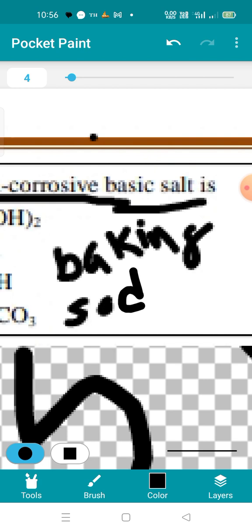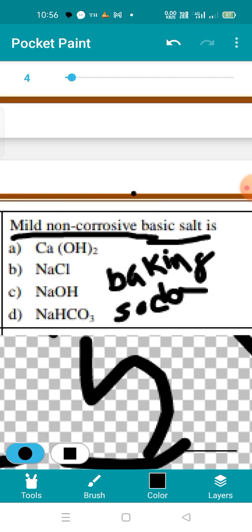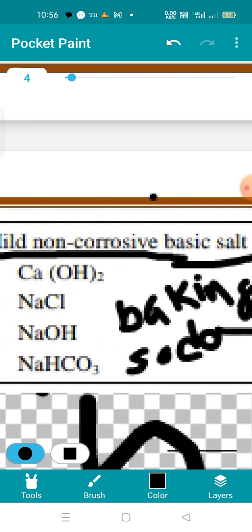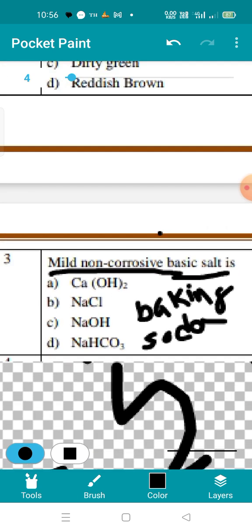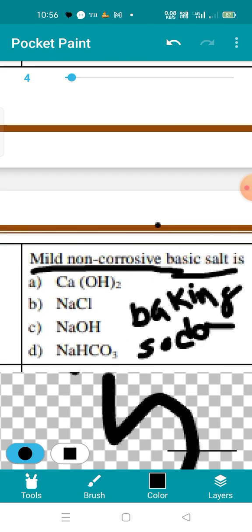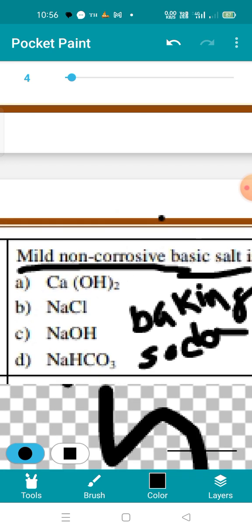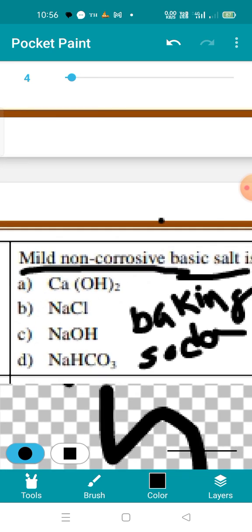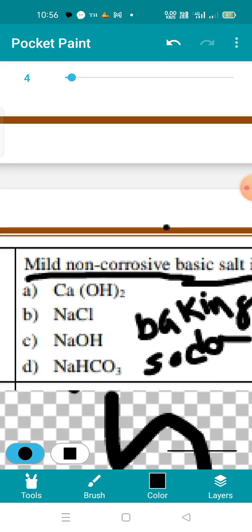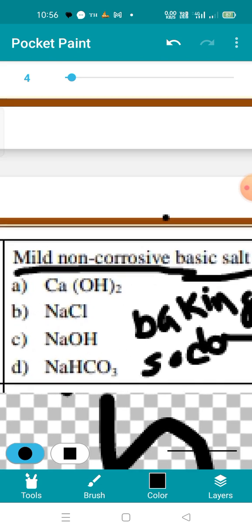Whenever we have acidity problem, you can take a solution of baking soda. It being a basic salt will help to neutralize the excess acid produced in our stomach, and it will help in overcoming the acidity problem. So it can be used as an antacid. Sodium hydrogen carbonate or baking soda can be formed when a strong base, sodium hydroxide, reacts with a weak acid, carbonic acid.